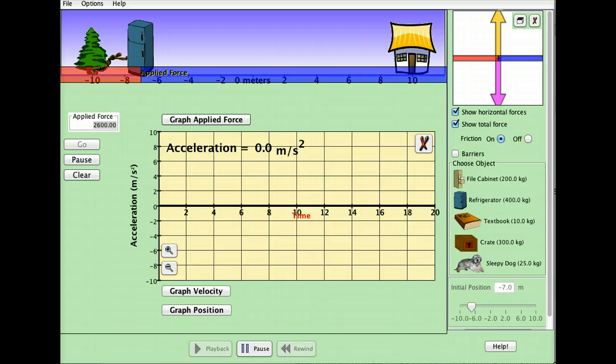We're going to try 1800, 2000, 2200, 2400, 2600, okay, we're going to pick it up at 2800.